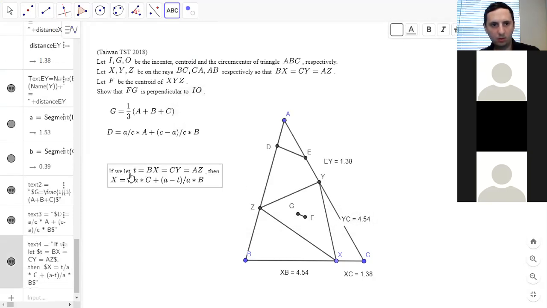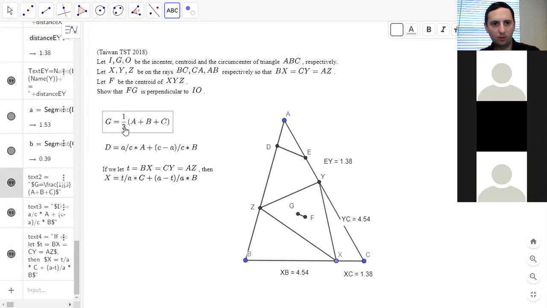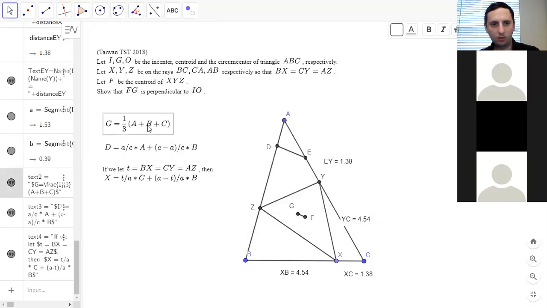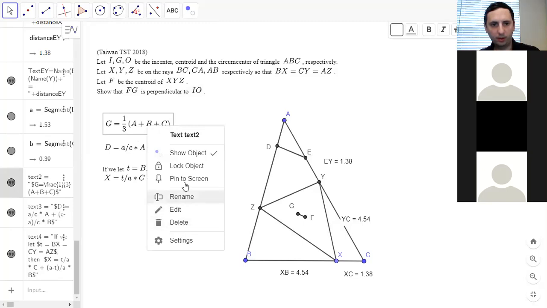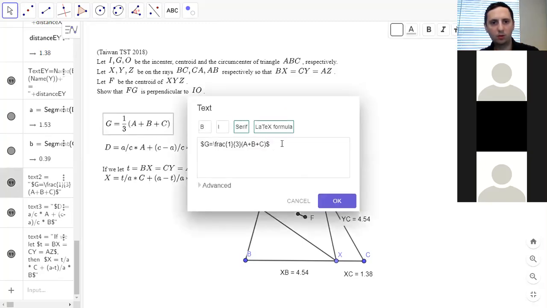And then X, this. Right, is there a way to copy this? Let's do this.